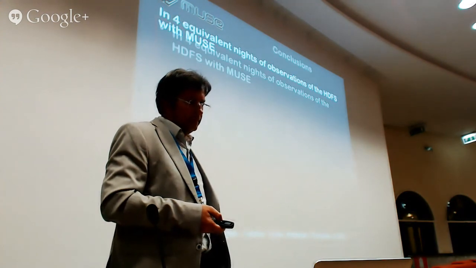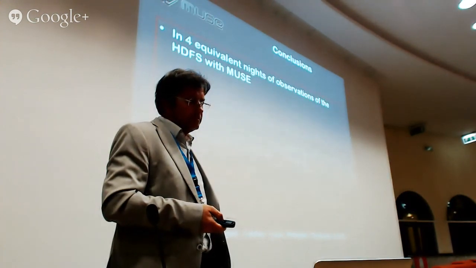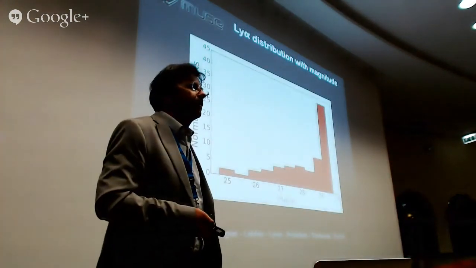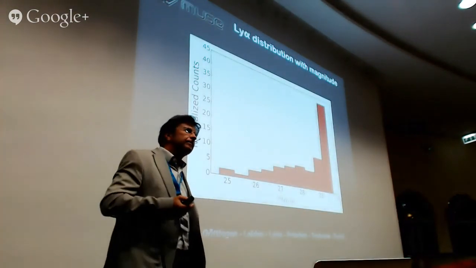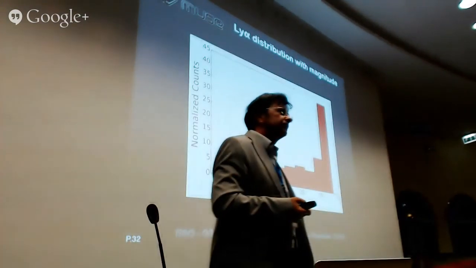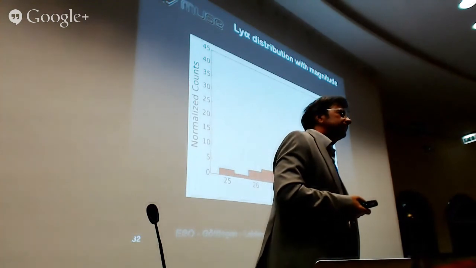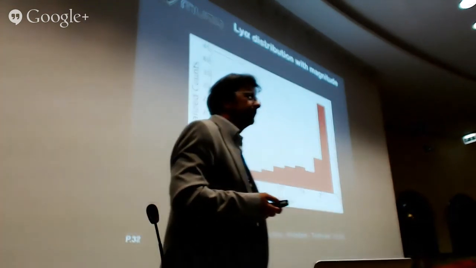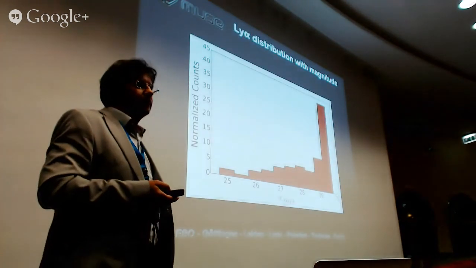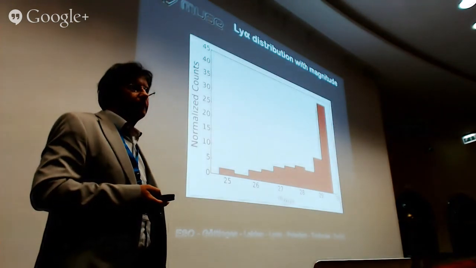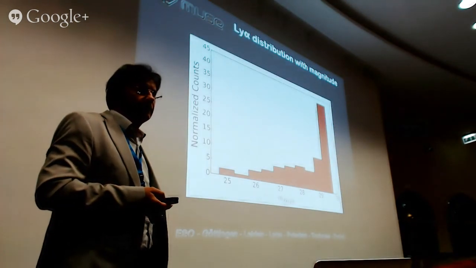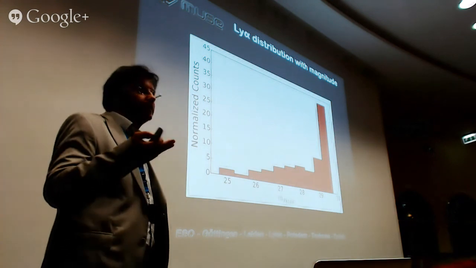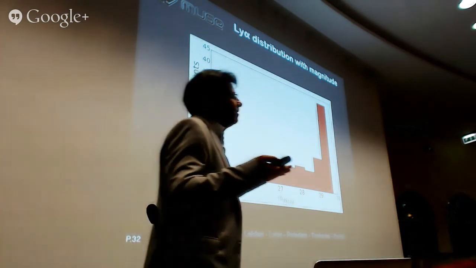Now, question: I don't know if you computed this yet, do you have a sense of the density of Lyman alpha emitters as a function of redshift in this redshift range? Because there's a lot of furor about whether the density of Lyman alpha emitters is somehow falling as we go towards redshift 6 or past. Do you see anything about that? Not yet.